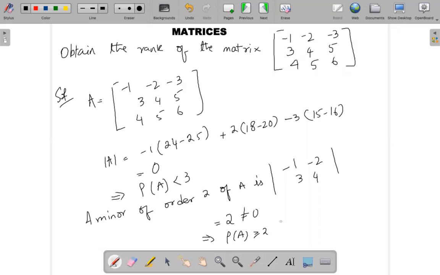Consider this as 2, and consider this as 1, and from 1 and 2 we can say that the rank of the matrix A is equal to 2.